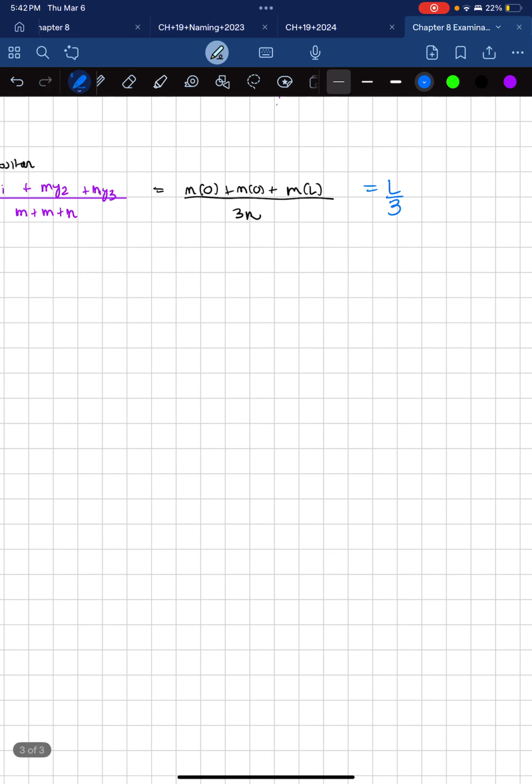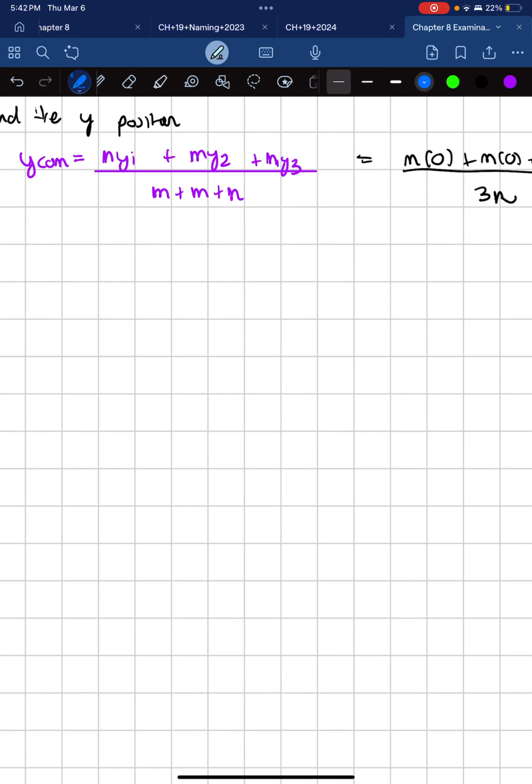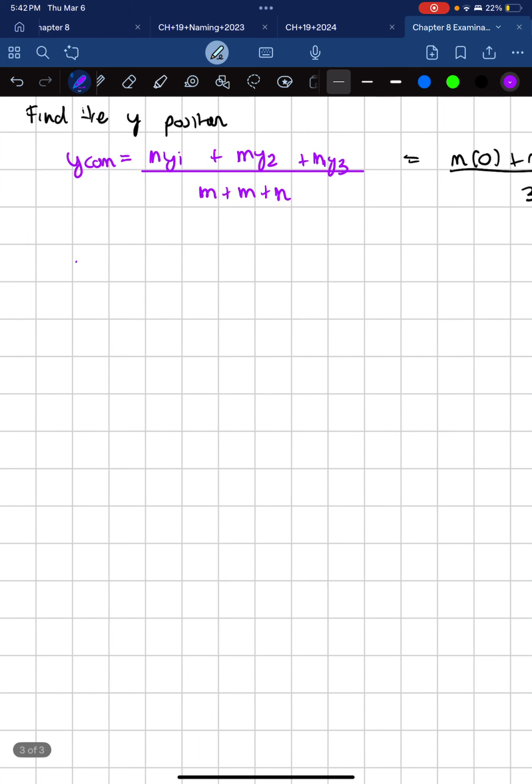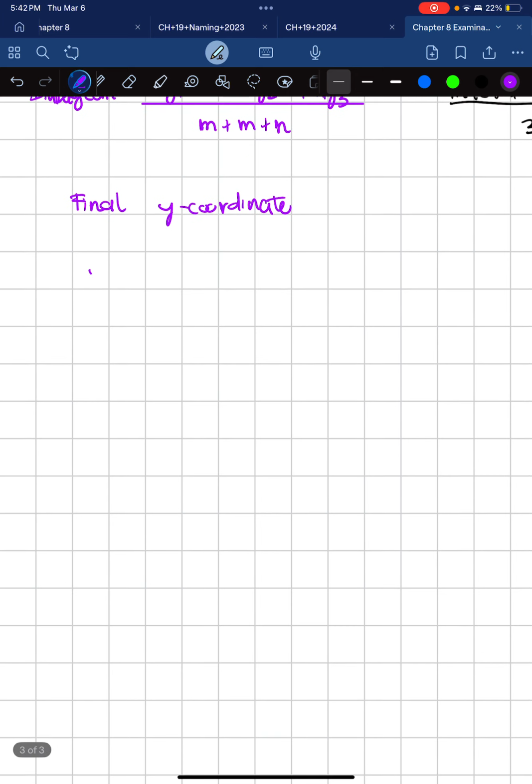And now let's find the y coordinate of the center of the mass, the final y coordinate. So we already found the initial, and then we have to find the final. We'll go ahead and just type it in.